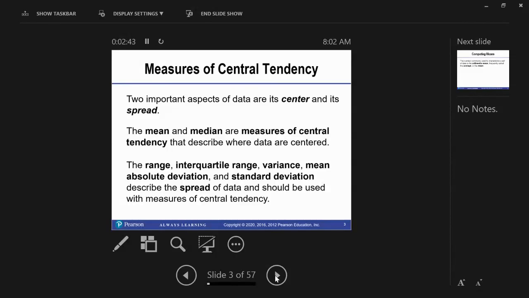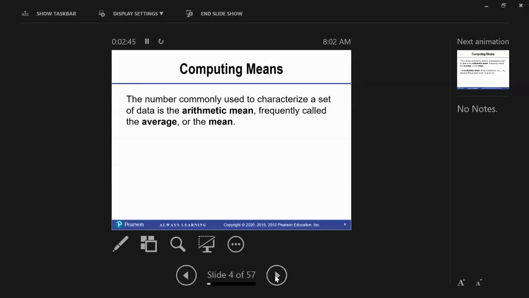It's not wanting to move today. There we go. The number commonly used to characterize a set of data is the arithmetic mean, which is frequently called the average or just the mean.